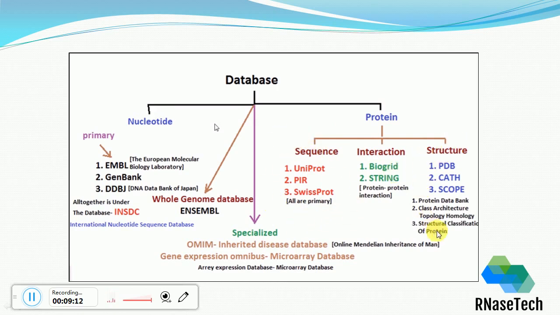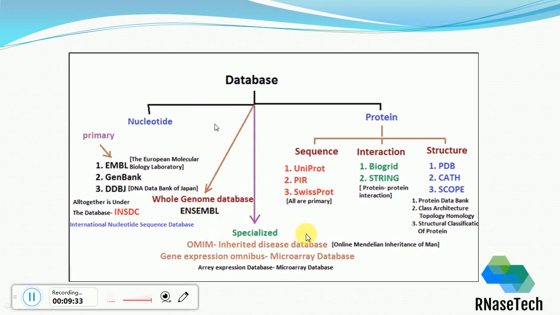These are the structures, so they are the secondary databases of protein: PDB, CATH, SCOP. PDB's full form is Protein Data Bank, CATH is class, architecture, topology, homology, and the third one is structural classification of proteins. Apart from these, there is a whole genome database known as Ensembl.